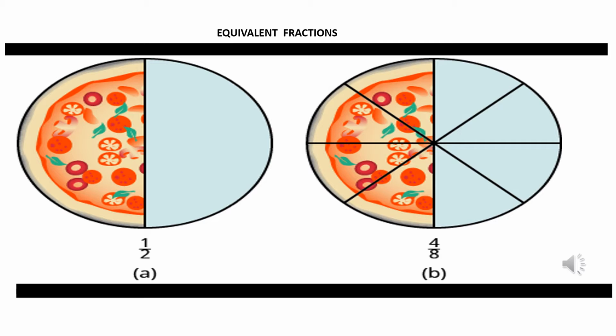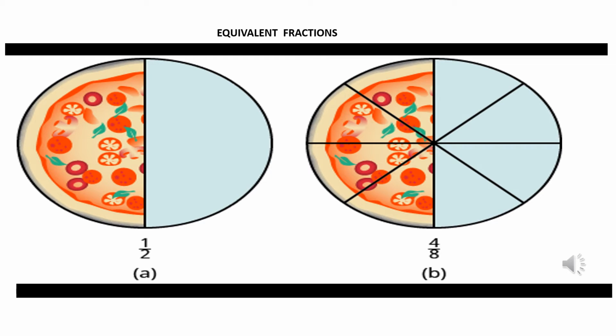For example, 1 by 2 is equal to 2 by 4 is equal to 3 by 6 is equal to 4 by 8, and so on, are equivalent fractions. They represent the same fraction of a whole, that is 1 by 2, but their numerators and denominators are different in each fraction.